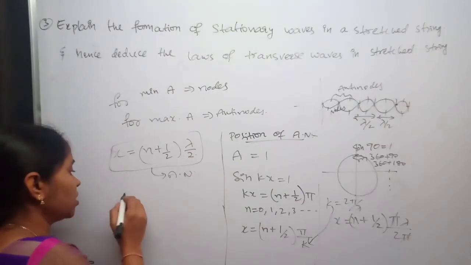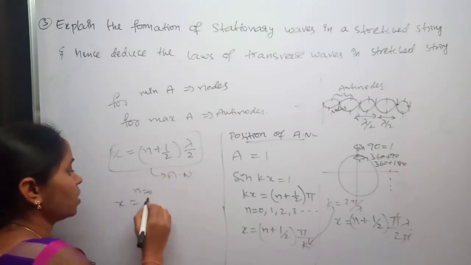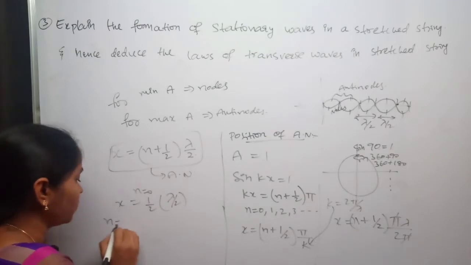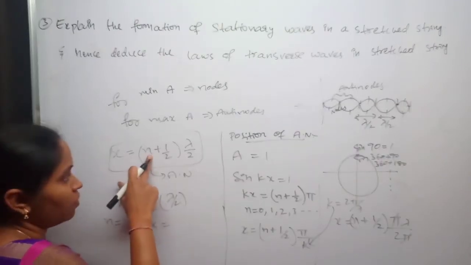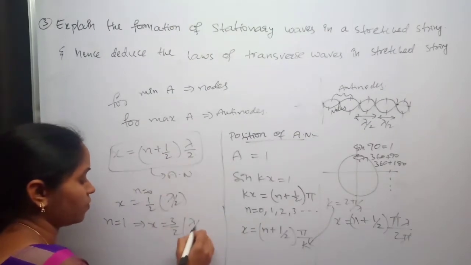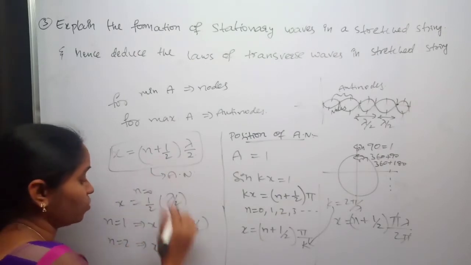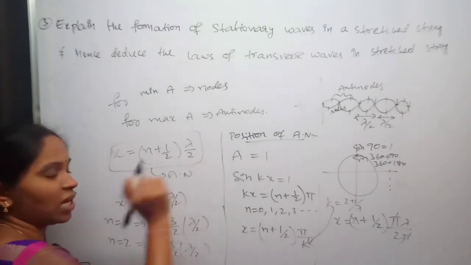Let's check this. For n equals 0, x is equal to 1 by 2 into lambda by 2, and for n equals 1, if you substitute, 1 plus 1 by 2 is 3 by 2 into lambda by 2, and for n equal to 2, 2 plus 1 by 2 is 5 by 2 into lambda by 2.